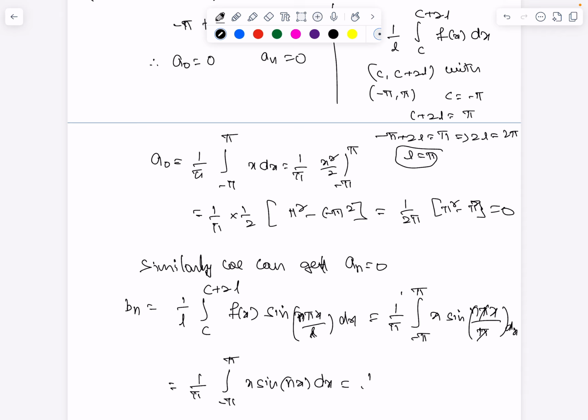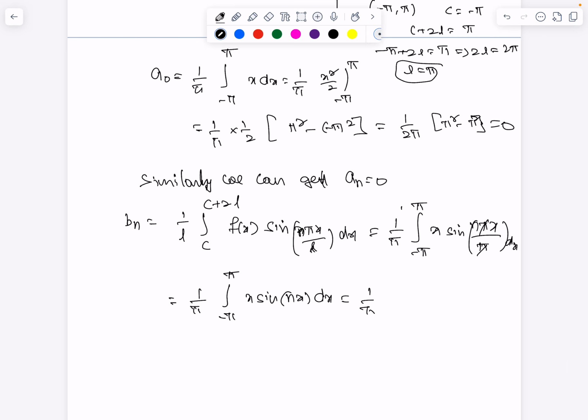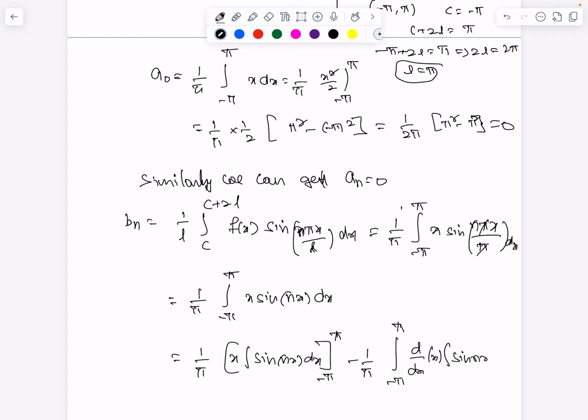Using integration by parts, this is 1 by pi times x integral sin nx dx from minus pi to pi, minus the integral from minus pi to pi of d by dx of x times the integral of sin nx dx, into dx.